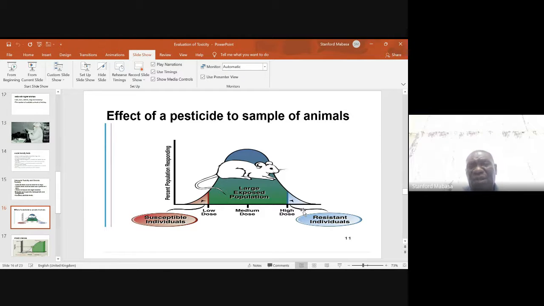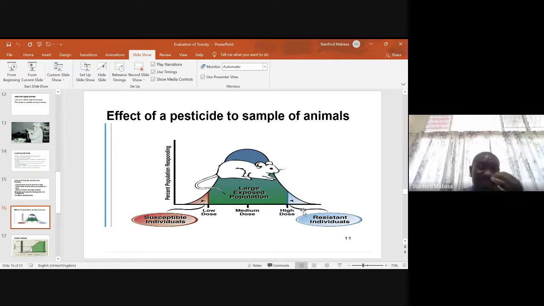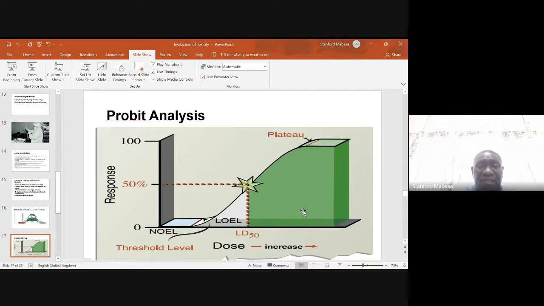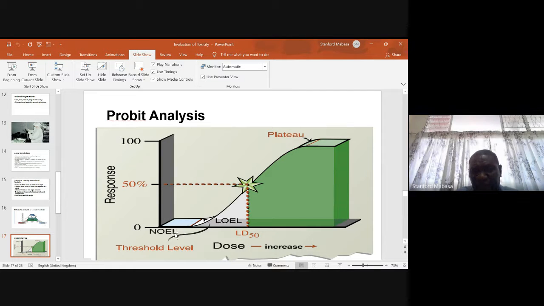Now, if we were collecting data in these experiments, normally we do what is known as Probit Analysis. In Probit Analysis, you plot a graph with a dose which is increasing on the x-axis.